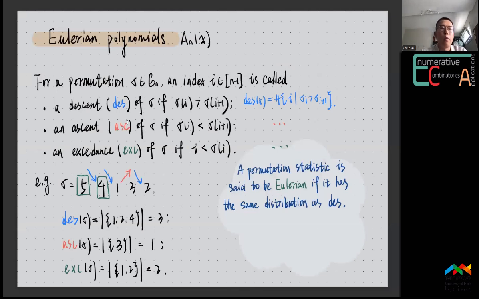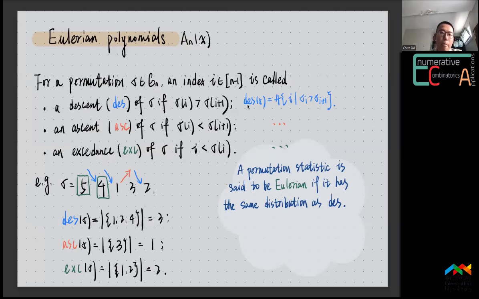Let's briefly review some permutation statistics. Given a permutation sigma, an index i is called a descent if sigma i is greater than sigma i plus 1, an ascent if sigma i is smaller than sigma i plus 1, and an excedance if i is smaller than its value sigma i.